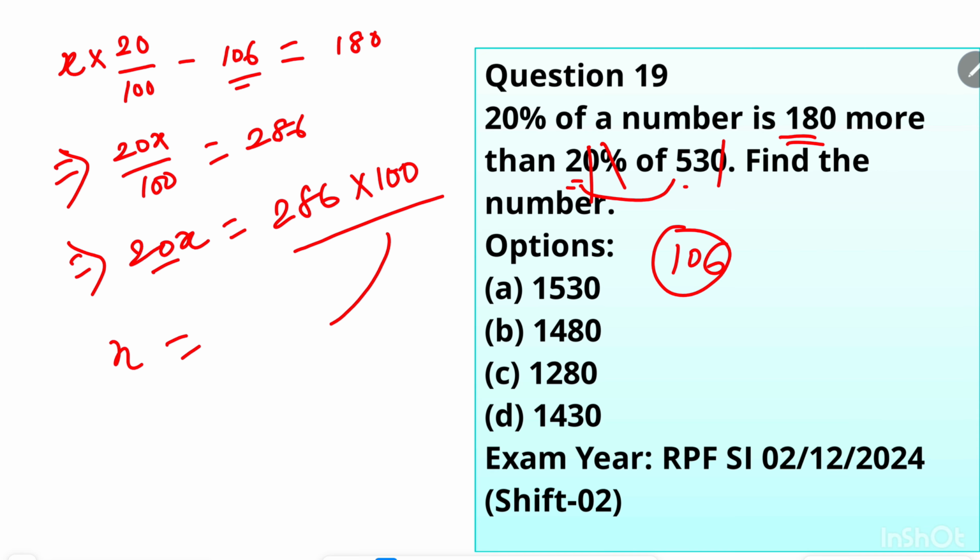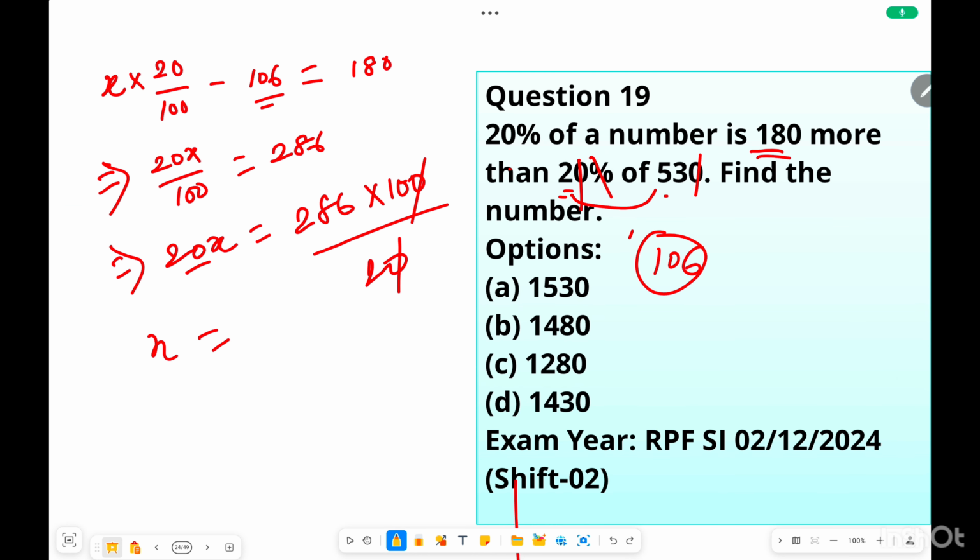This 20 will go here. Now, what will the answer be if you divide 286 by 2? 143, then 1430. This will be the value of x, and we got this in option D.